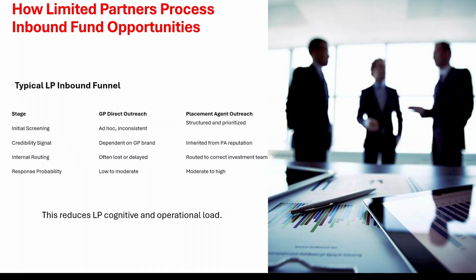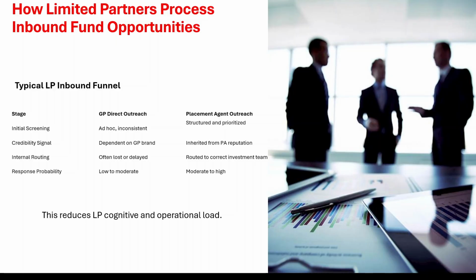So the prioritization, you've already probably got something built into your company to do that. Whereas if it's a placement agent that is sending the investment opportunity, it's routed to the correct investment team. So there'll be parts of that investment team whose core job is to handle placement agency requests. So it's quite a bit different.